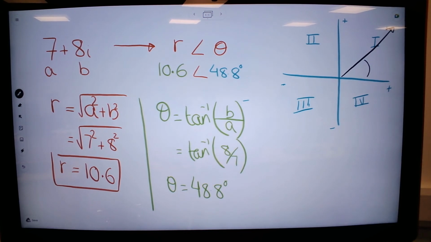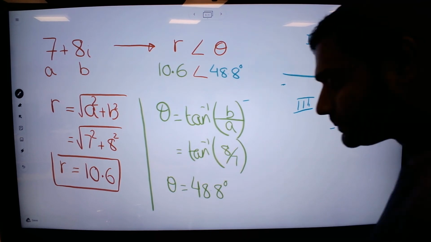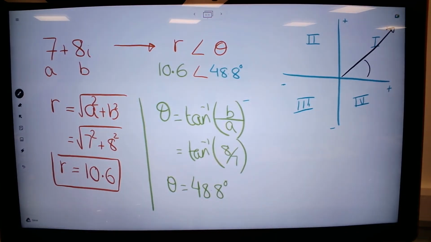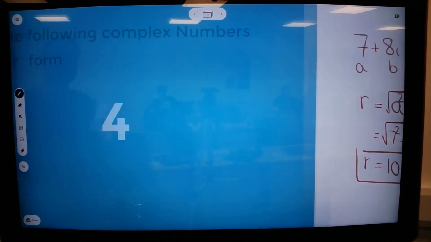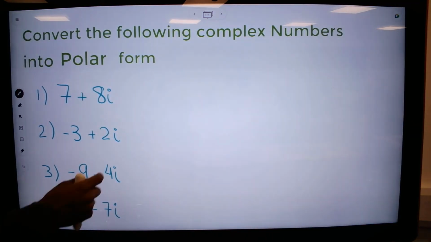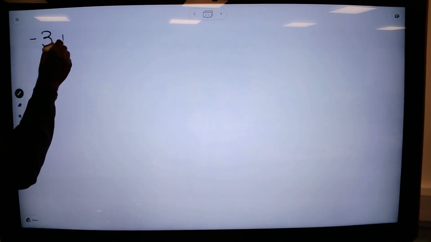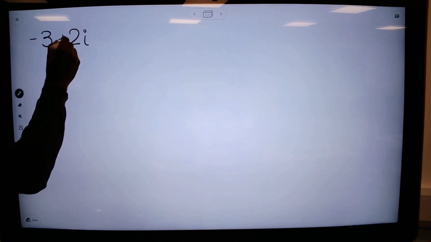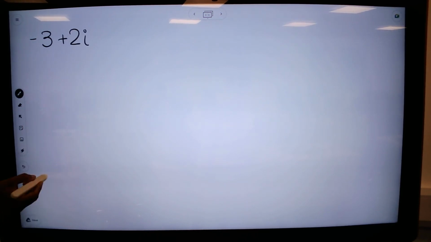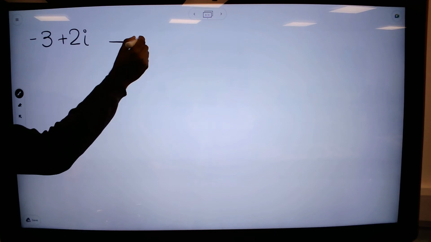Now let's have a look at the second one. What was the second one? Minus 3 plus 2i. First, I need to convert it into this form.